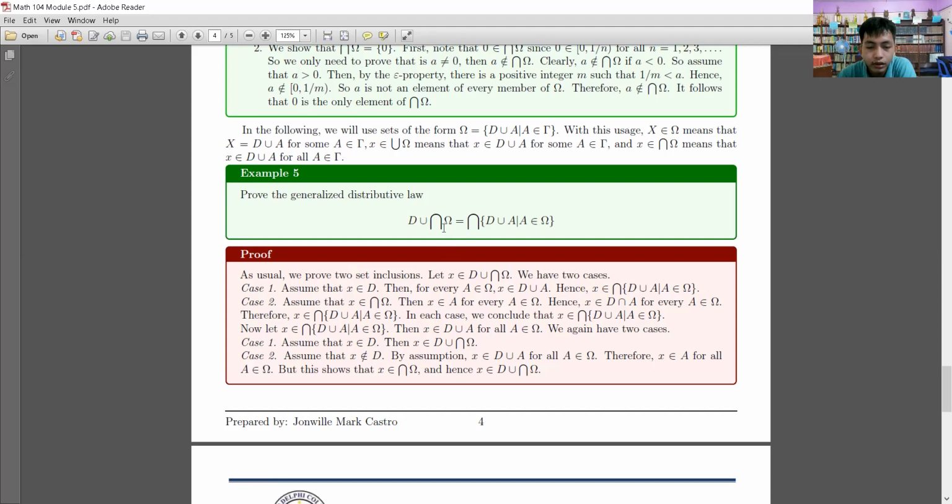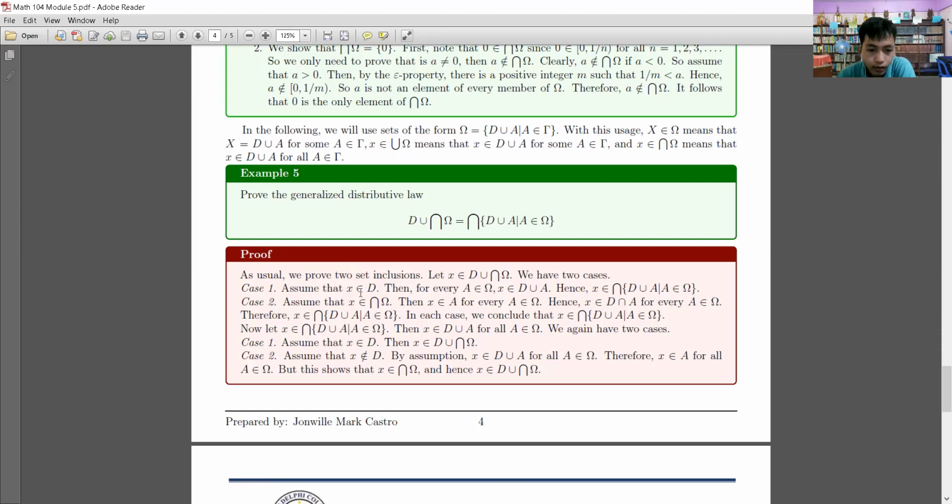So, for example, yung mga sets natin, sabihin natin yung intersection natin is A, tapos B. So, kahit ano pa yung set na nandito, yung X ay member siya ng D union A. Kasi nga si D laging nandun.